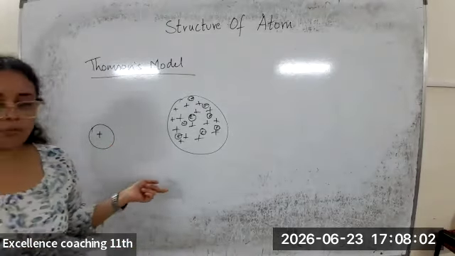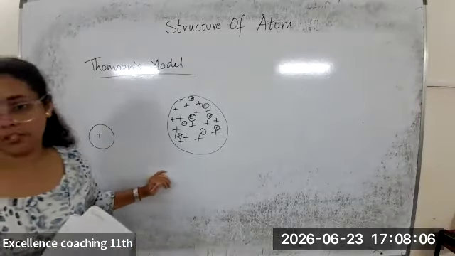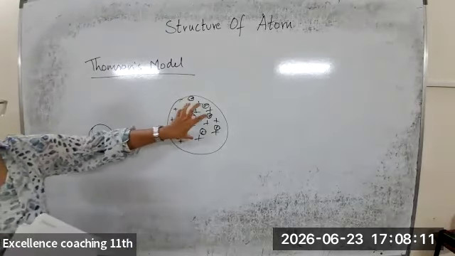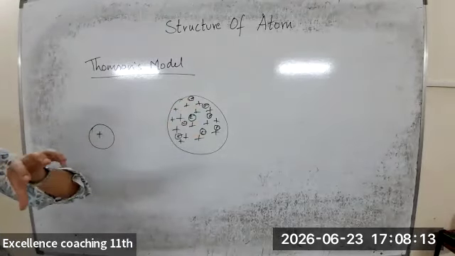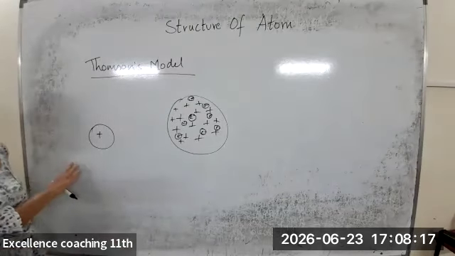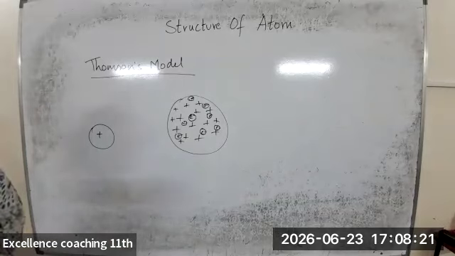The third one was that he wasn't able to explain the stability of the atom, like how the atom will be stable or whether it will remain intact. Now, in our model, we say that the positive charge is balanced by the negative charge.